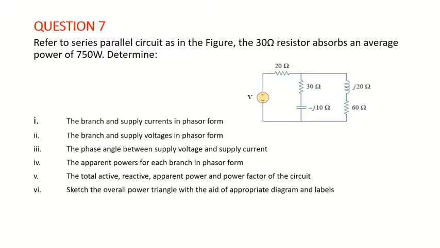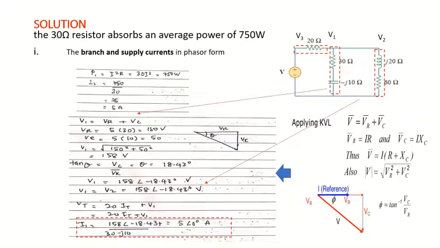Then the apparent powers for each branch in phasor form, the total active, reactive, apparent power and power factor of the circuit, and finally sketch the overall power triangle with the aid of appropriate diagram and labels. Now we look at the solutions.